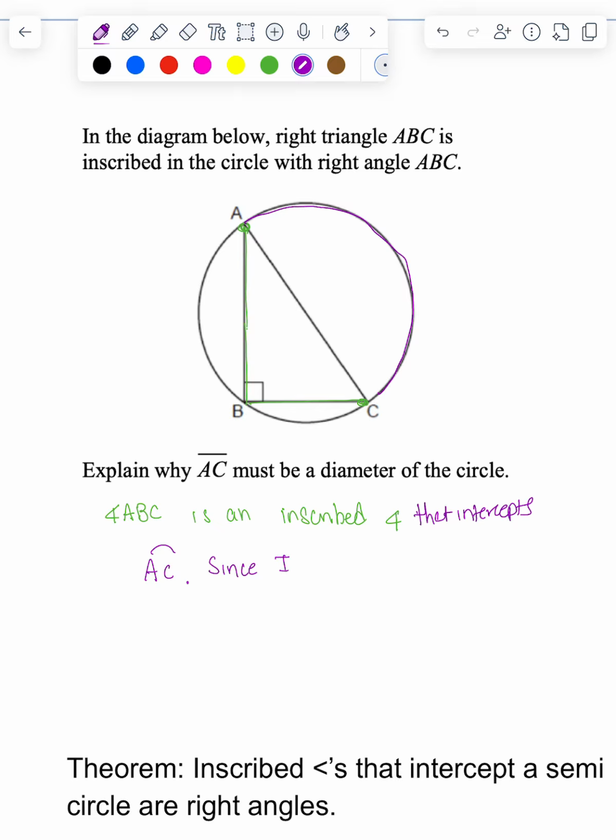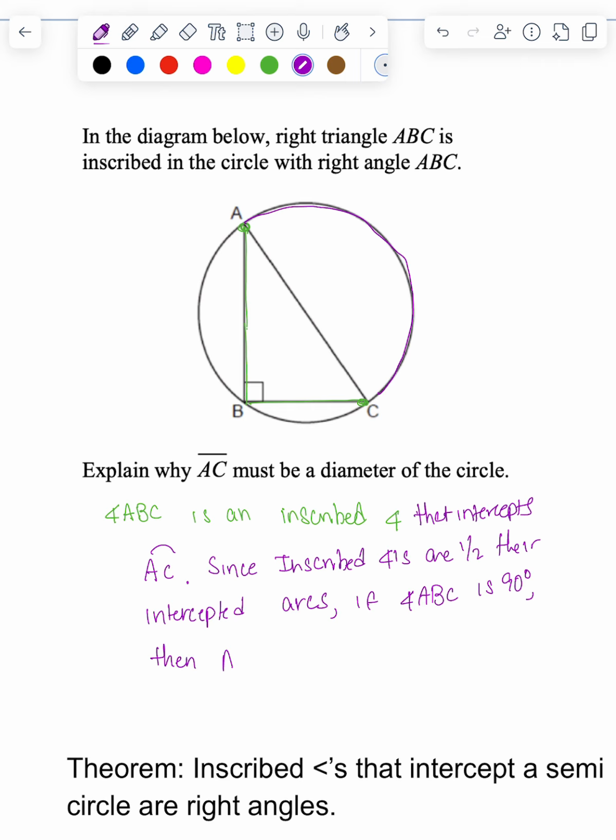Since inscribed angles are half their intercepted arcs, if angle ABC is 90 degrees, then arc AC is 180 degrees.